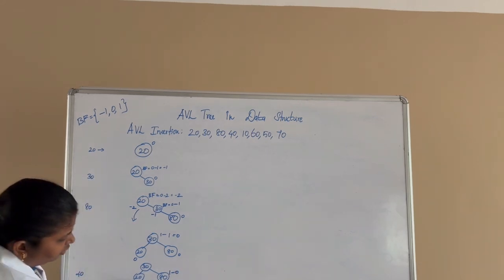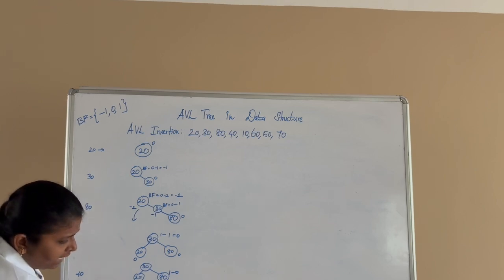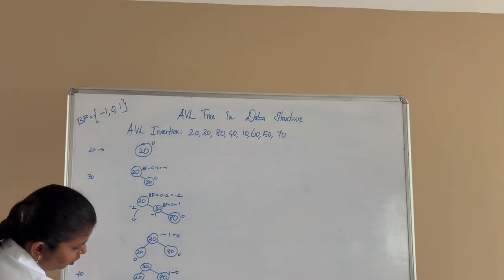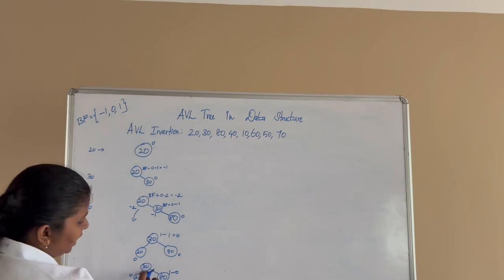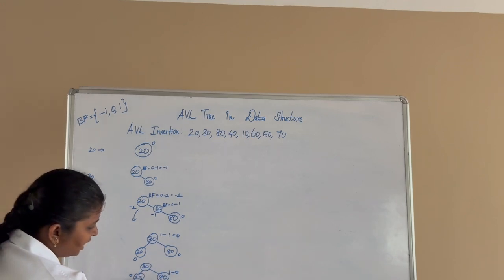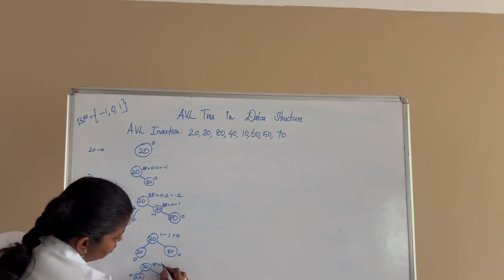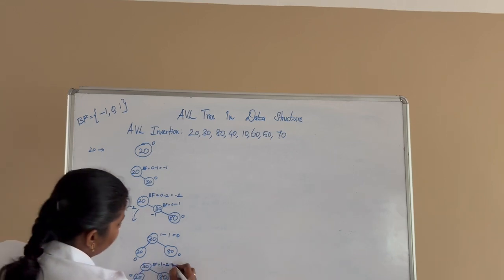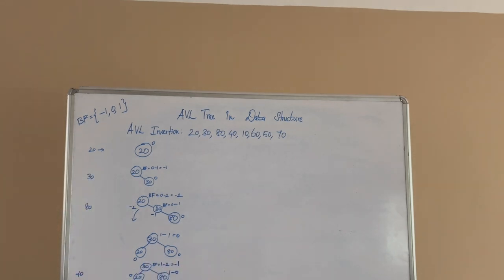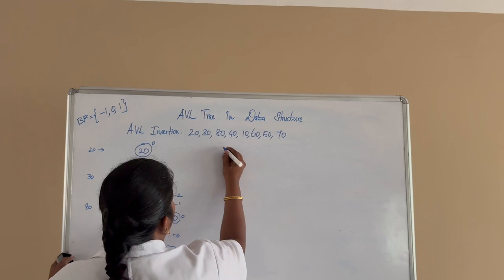For the root node, the balance factor is height of the left subtree 1 minus height of the right subtree 2, which is equal to -1. So the balance factors are 0, 0, 1 and -1. These are all within the range of the balance factor value. Next we are going to insert the value 10.